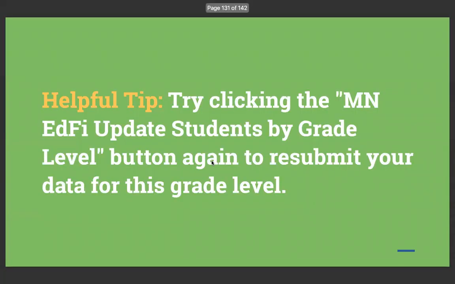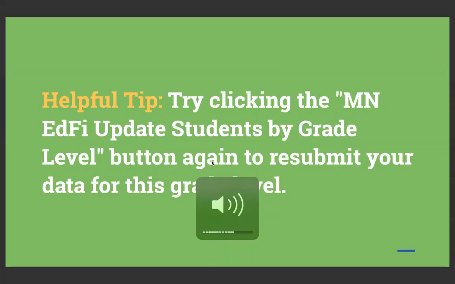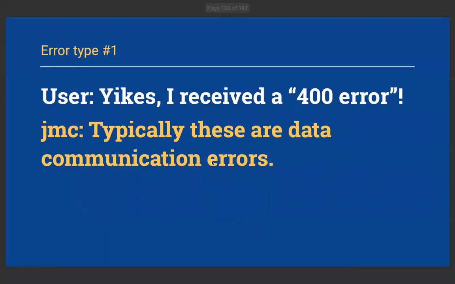Can we add to that, Paul? Yeah, go ahead. What this issue actually is, and everybody will get this: the first time you send data into staging or to production, you will get 400 errors for pretty much all your students. The reason is it's a chicken and egg thing. There's no data there yet. When we start sending data, EdVi sends a message back that basically says, this kid doesn't exist.